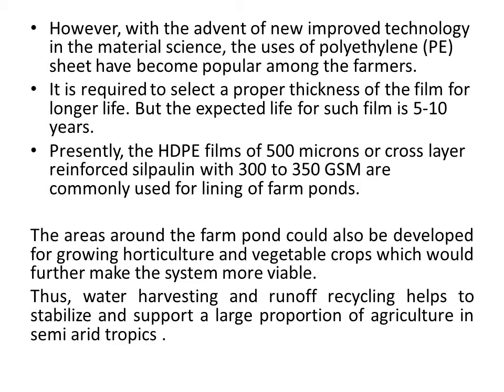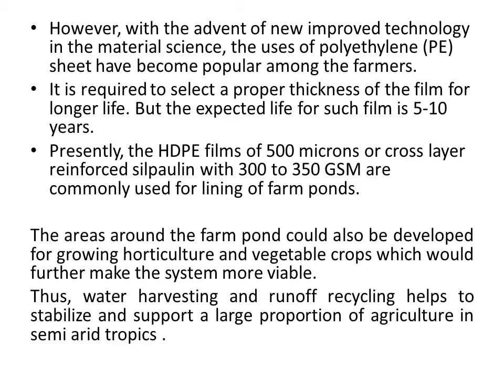It is required to select a proper thickness of the film for longer life, but the expected life for such film is 5 to 10 years. So, with the invention of new materials, farmers are now using polyethylene sheets as a lining material.